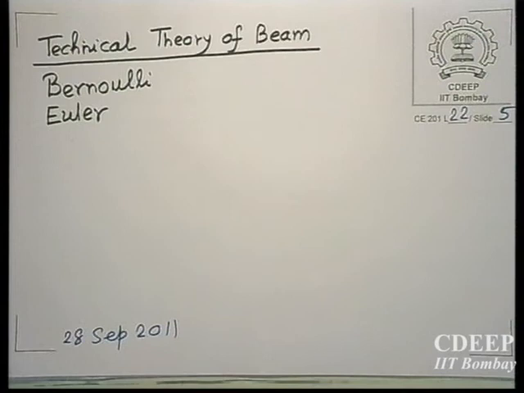I think the development of the formulae started with Bernoulli, and final touches were given by Euler, around 1800, maybe 30.